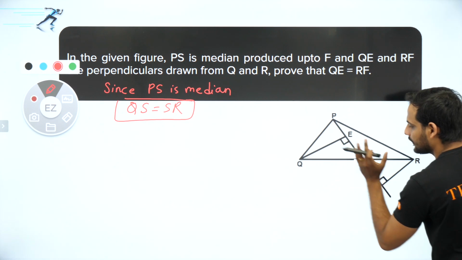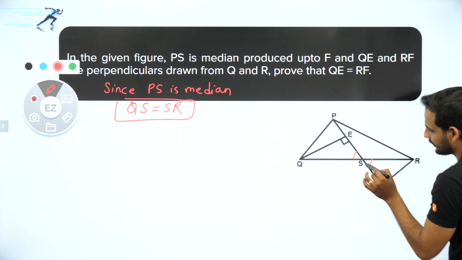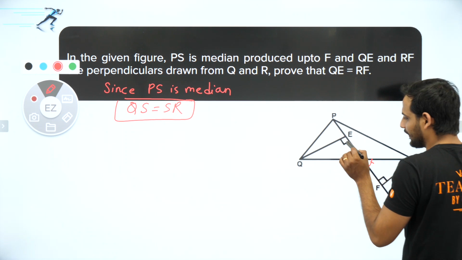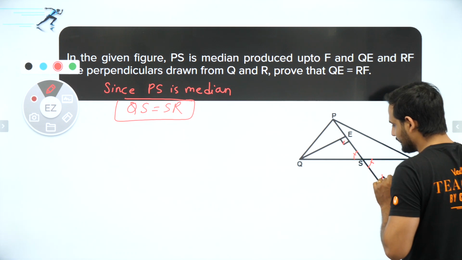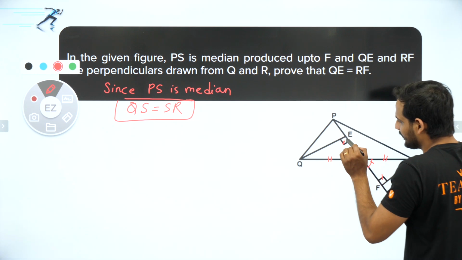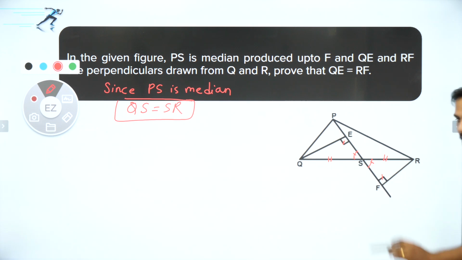The thing which I can see clearly is that this and this, these two angles are vertically opposite angles, right? Correct? So if these two are vertically opposite angles, and 90 and 90 degrees are equal, and QS is equal to SR, so isn't it angle side? Isn't it angle side? Right? So this is how we have to plan it.